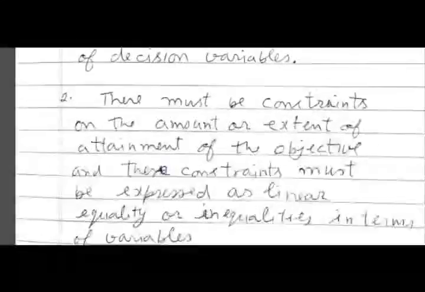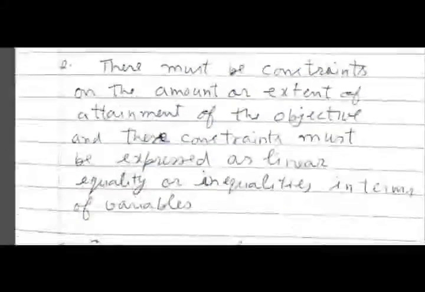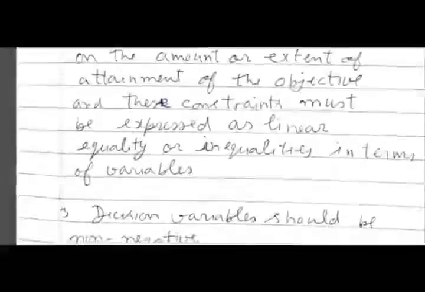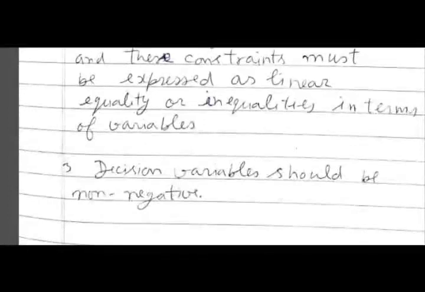Second, there must be constraints on the amount or extent of attainment of the objective, and these constraints must be expressed as linear equalities or inequalities in terms of decision variables. And the third one is that decision variables should be non-negative.